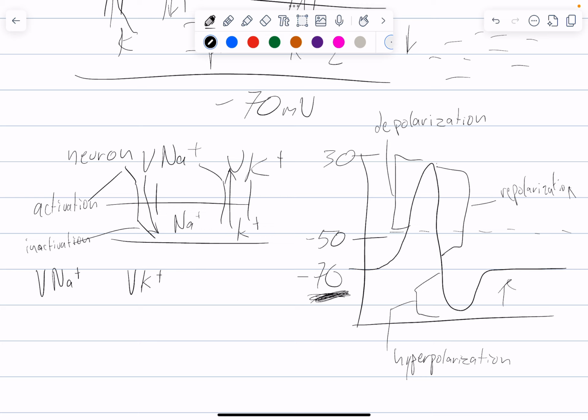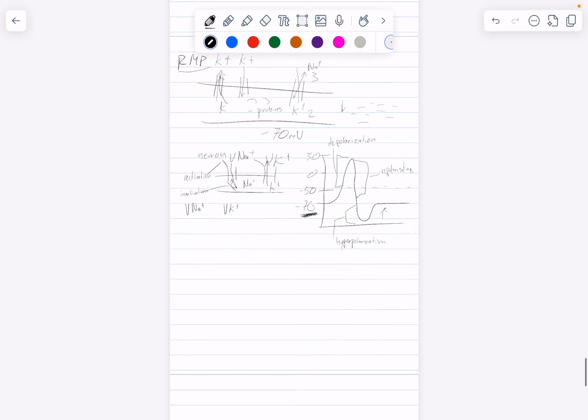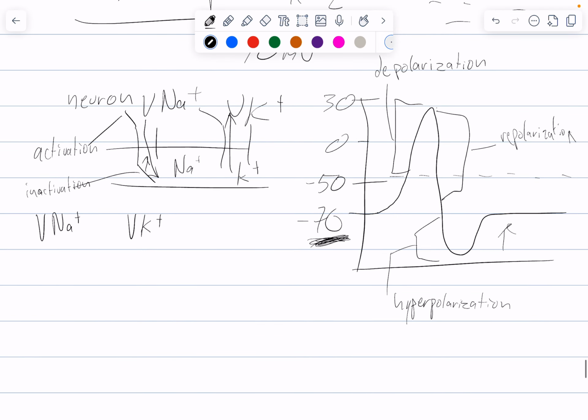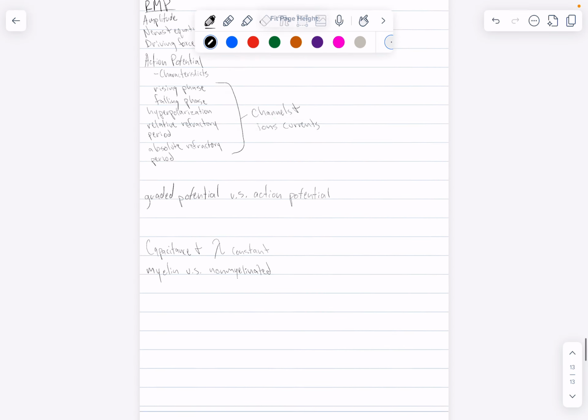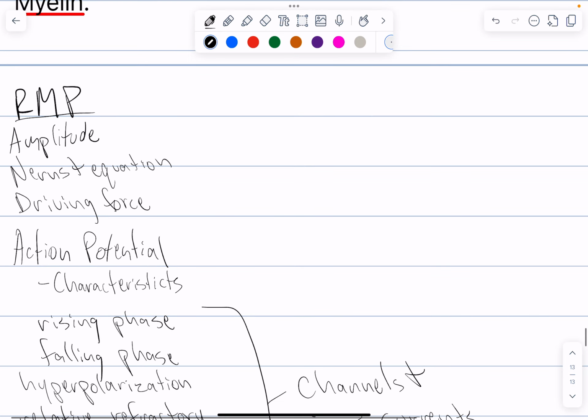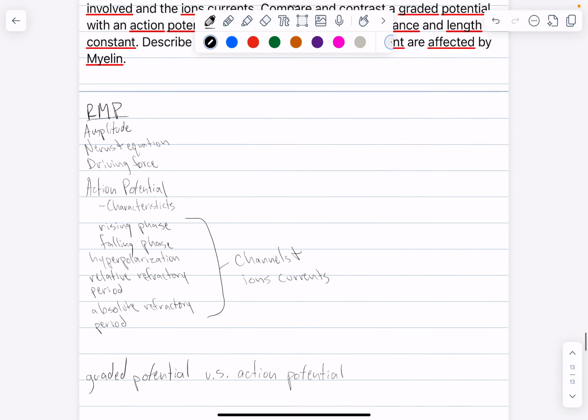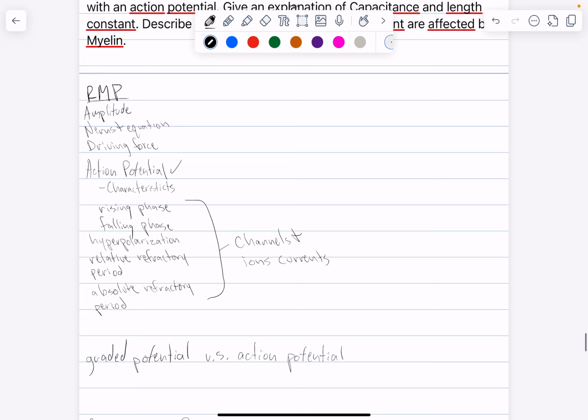So this just closes when there's enough sodium in there, once it's past about positive 30, actually around 0.